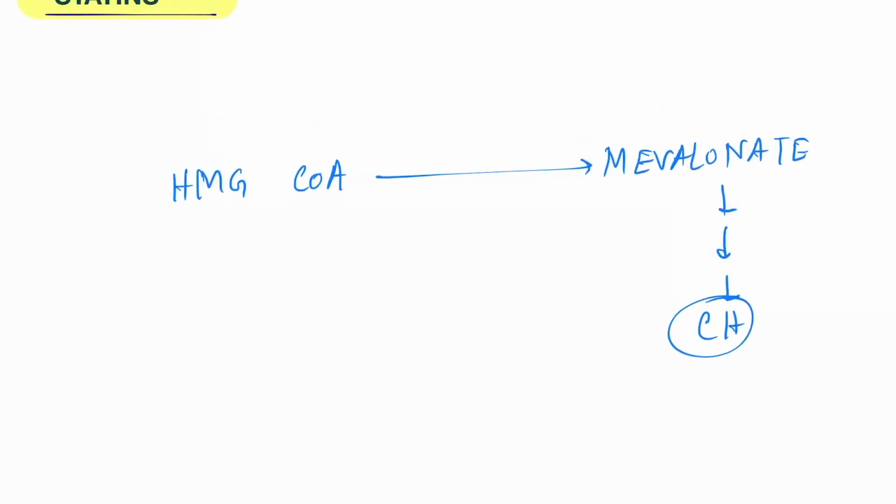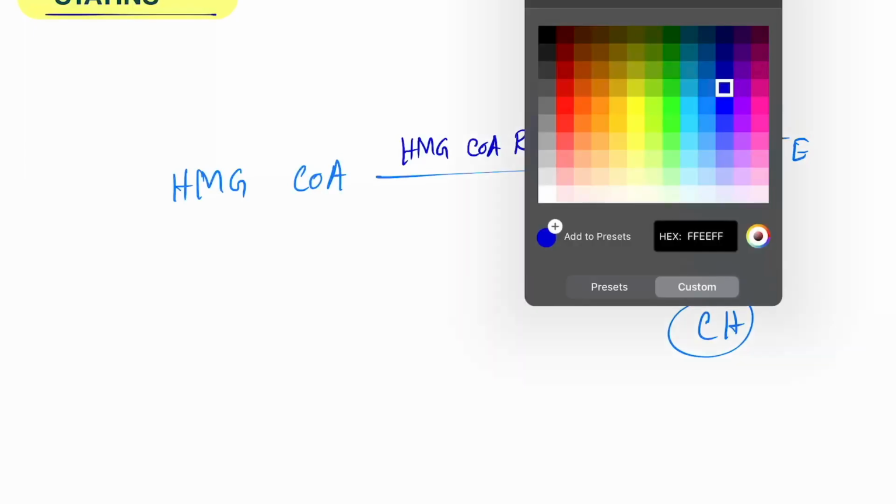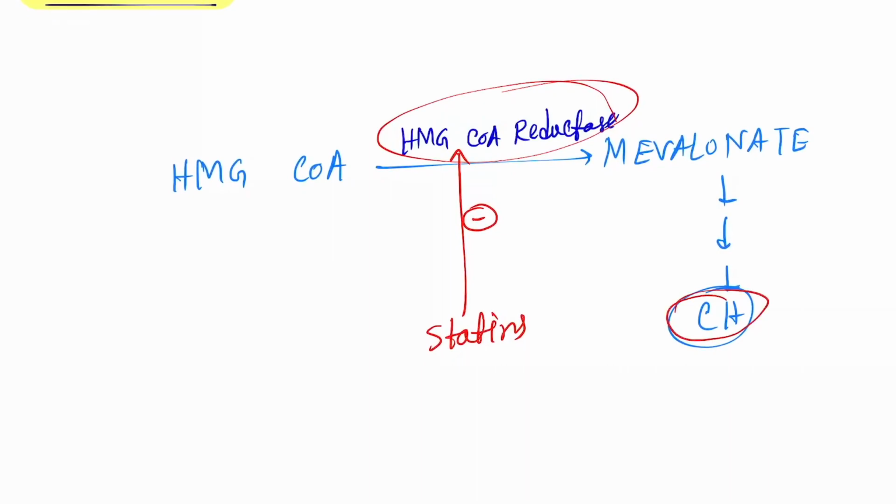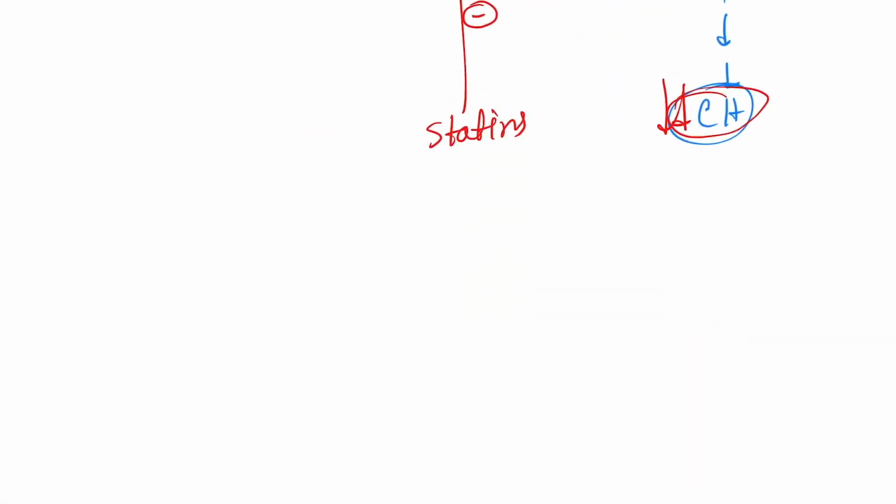The enzyme here is known as HMG CoA reductase. Statins will block this enzyme's effect. What will happen? Cholesterol synthesis decreases. So the drugs under this, let's see the mnemonics.